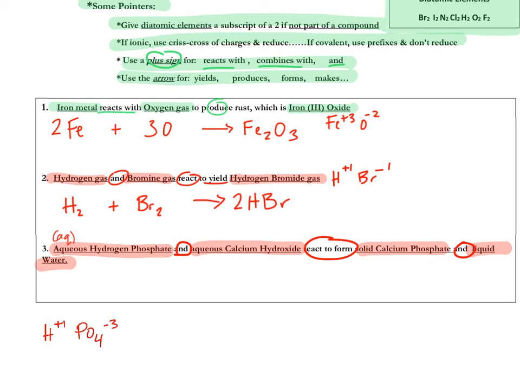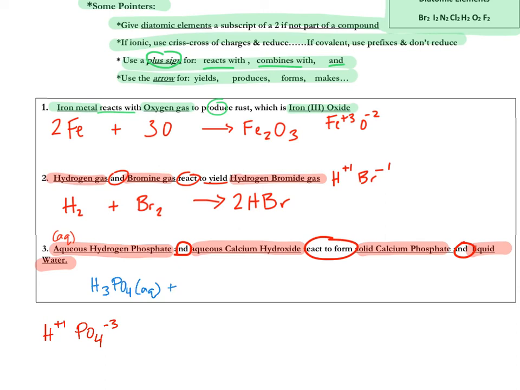So when I cross the charges, I get H3PO4. And we said this was aqueous, so AQ. And so a plus sign, aqueous calcium hydroxide.